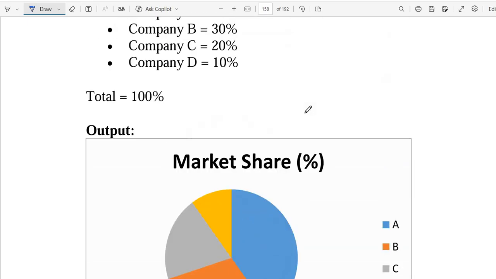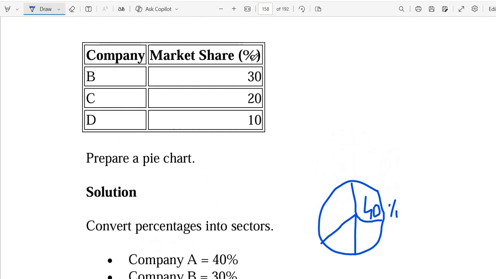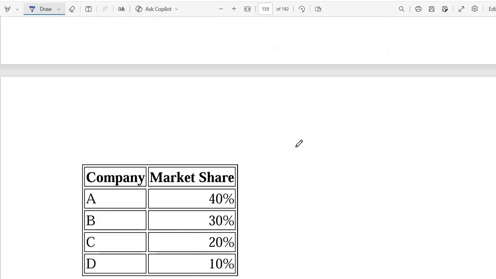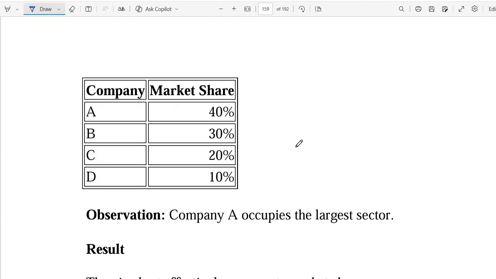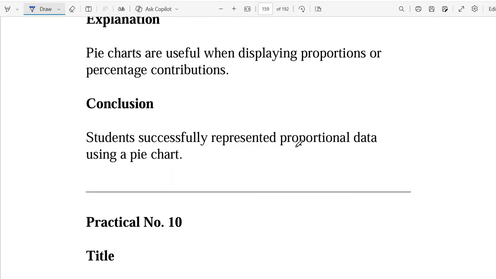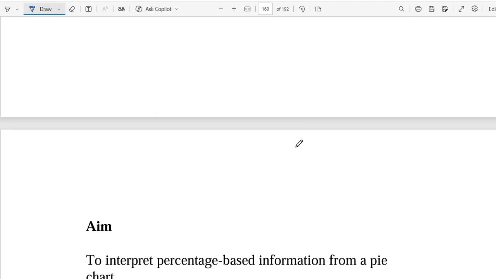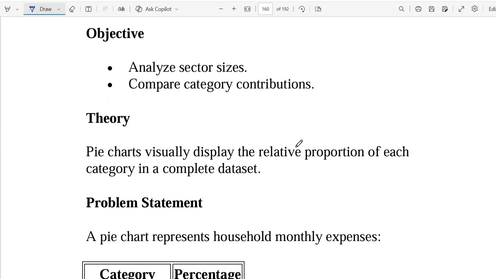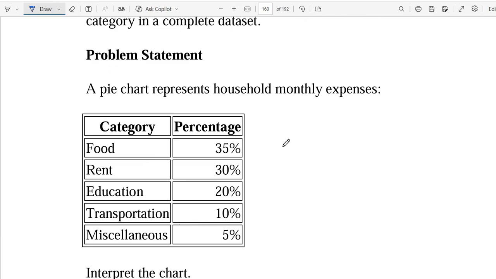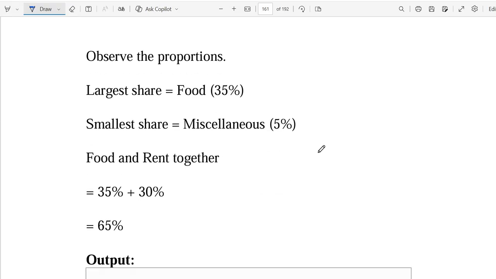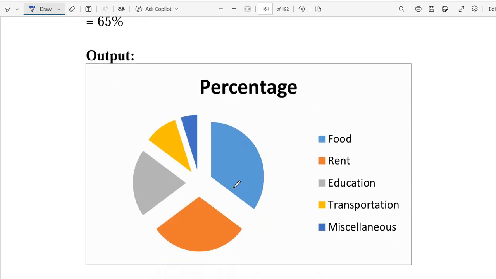Got it? First we have to convert these values into percentages, right? Then we have to make the pie chart. Now coming to practical number 10, reading and interpreting a pie chart. Again we have to make the pie chart. It is already in percentages, so we just have to make the pie chart, right? Look how the pie chart will look.